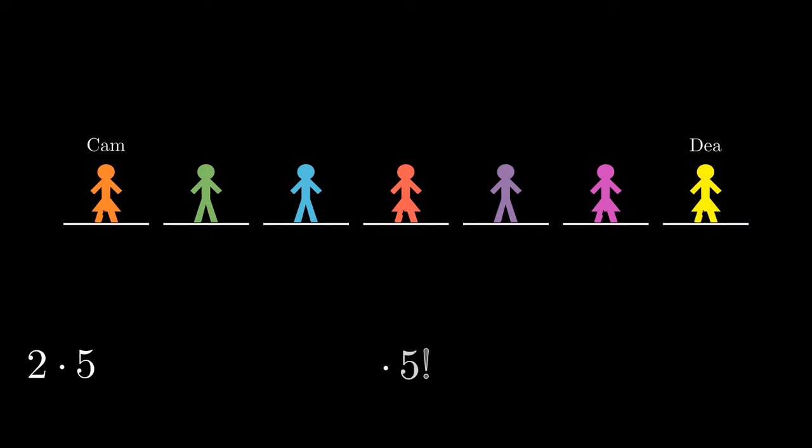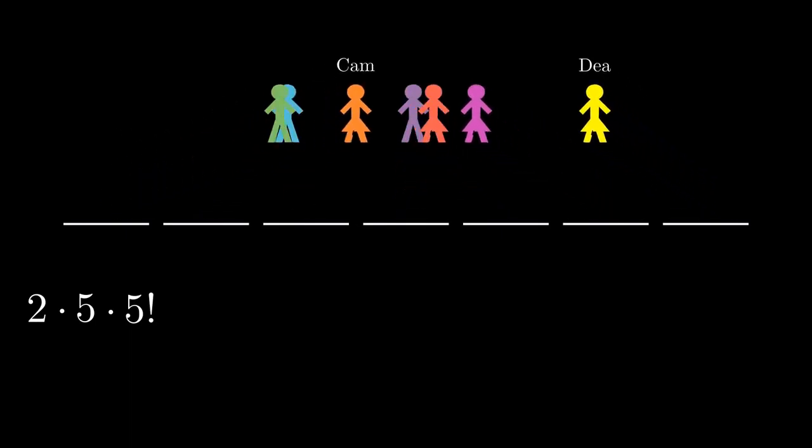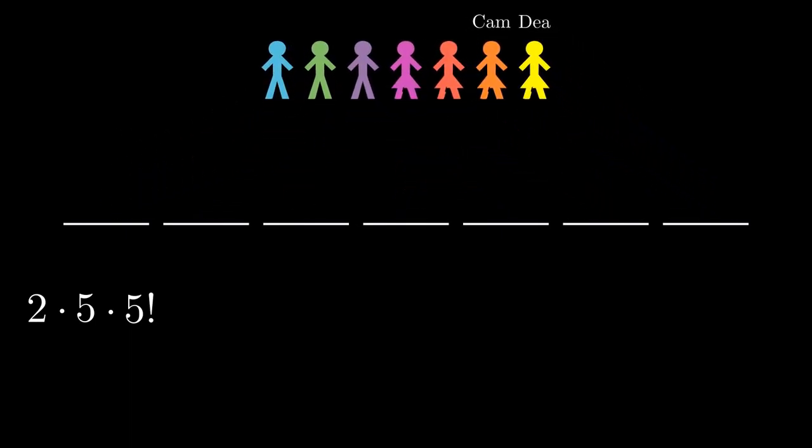Let's go back to the start now, and this is where Cam is not on the ends. She's somewhere in the middle. So I count all those up. You can probably do this in your head much quicker, I would think, but I like my little colorful people. 5 ways, right? 5 places for Cam to be.